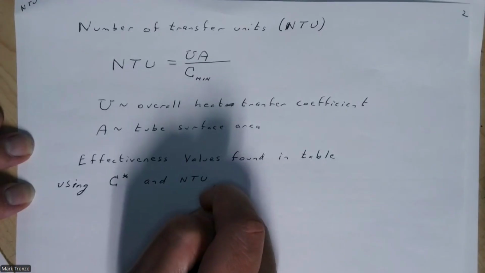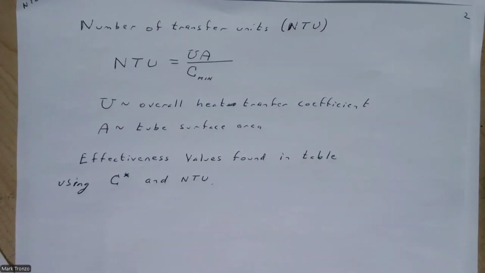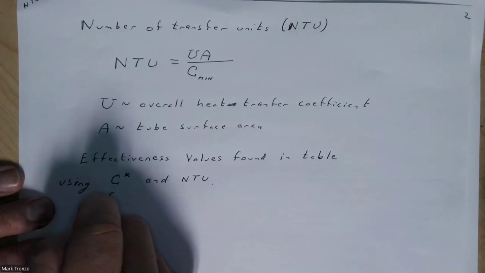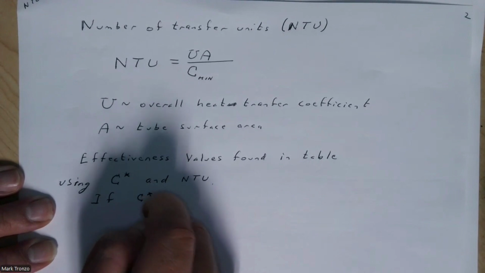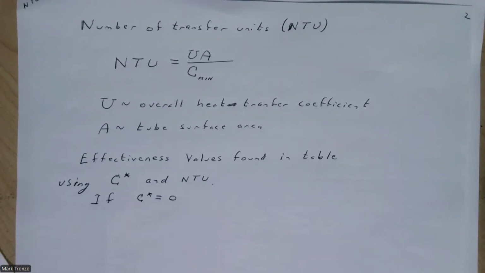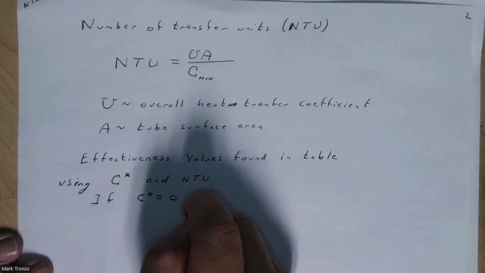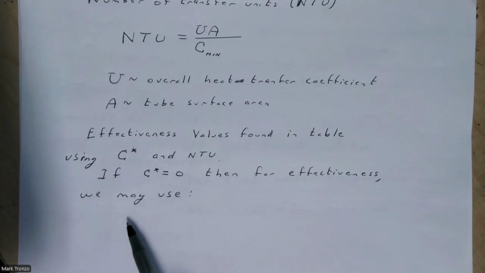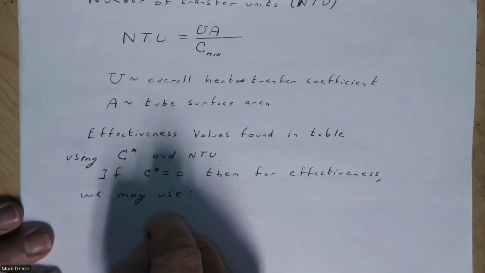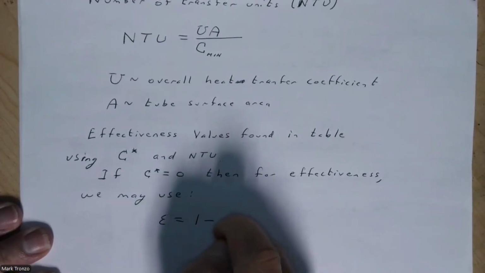However, if C star is zero, as I mentioned before, which is the case if one of the fluids is at constant temperature, then for the specific case when C star is zero, we may use this equation here for effectiveness.